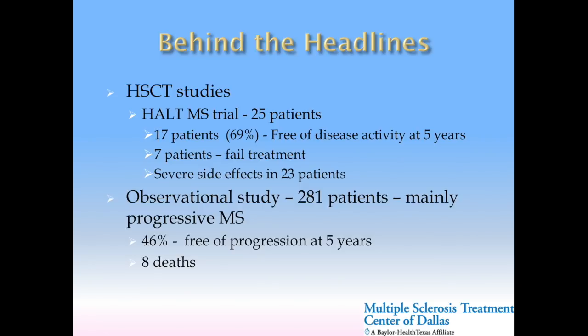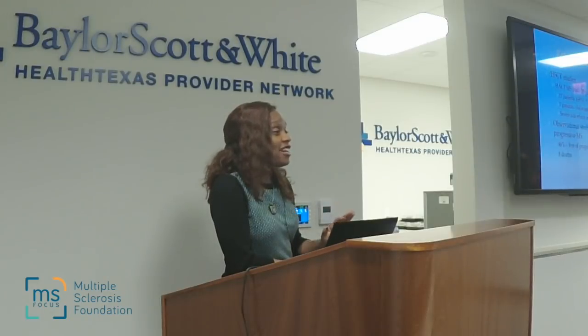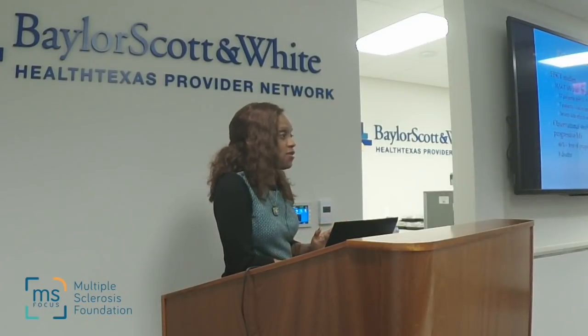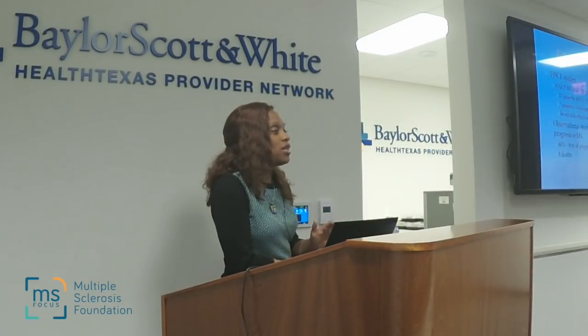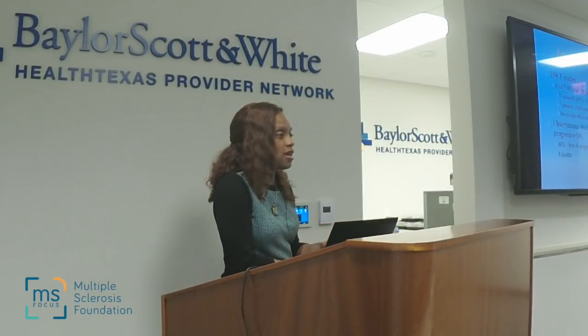So the HALT MS trial was a trial with 25 patients, and the results were published in 2016 or 2017. And 69% of patients were free of disease activity within 5 years. That is very impressive, right? And that's the goal of MS therapy.